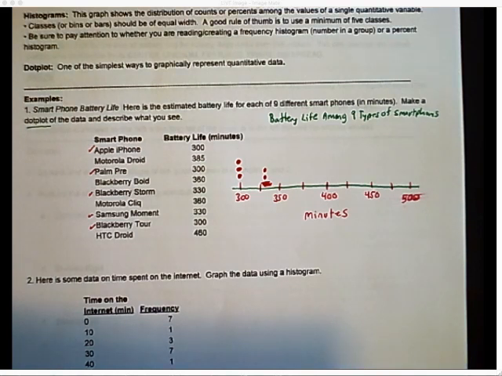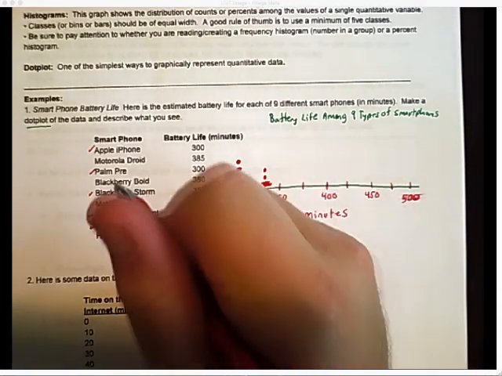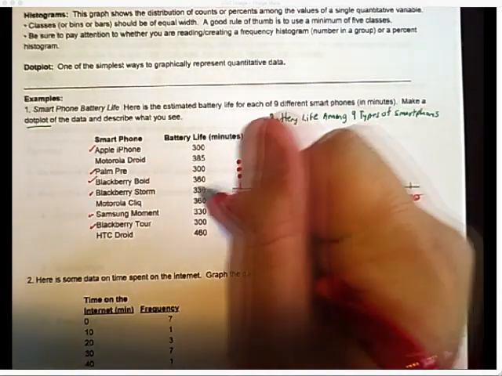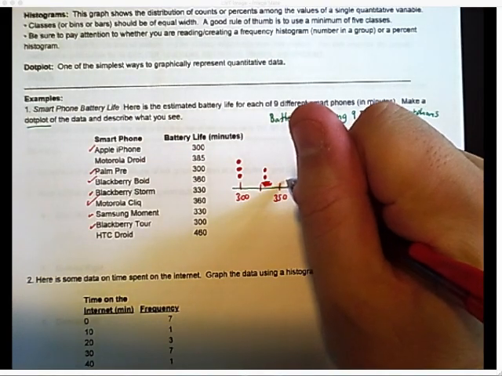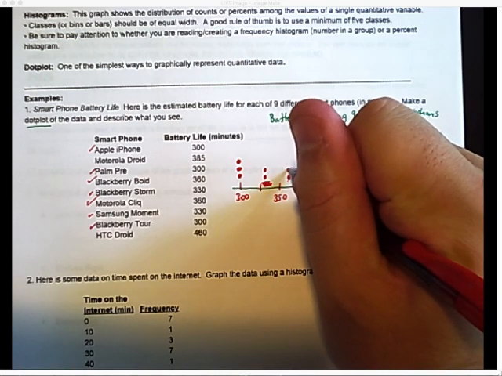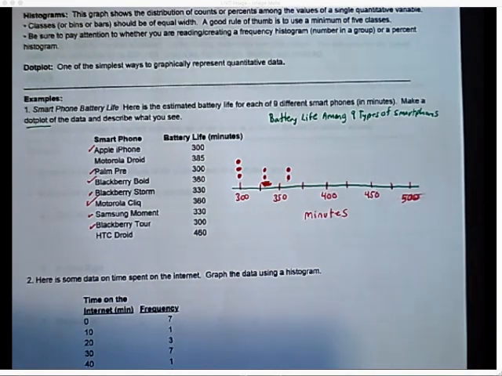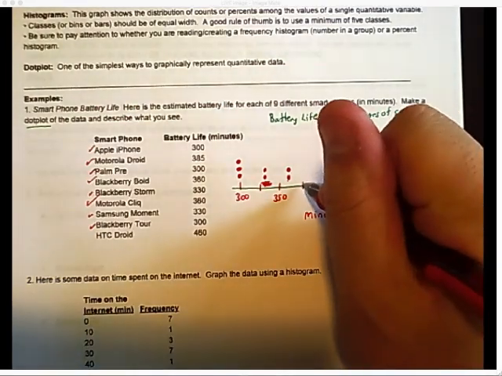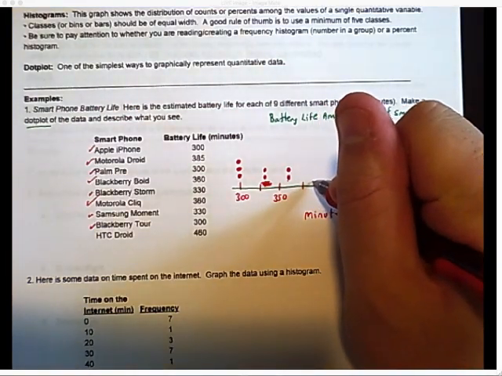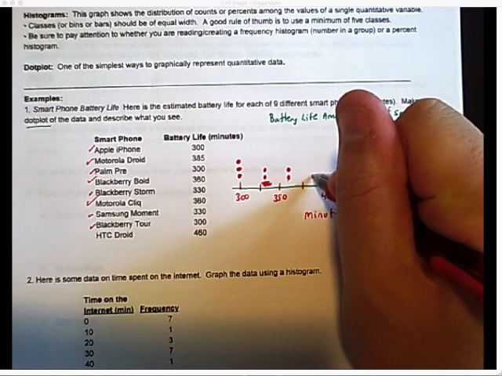Let's see, what's the next smallest one? I got a couple that are 360. So 360 and 360. That would be about right here. I have one that's 385, so there's 375, so 385 would be about right there.